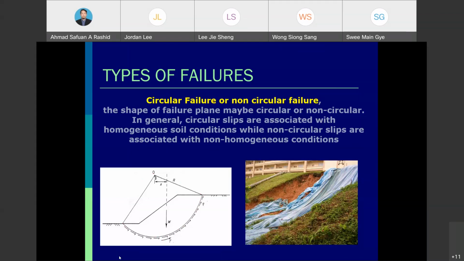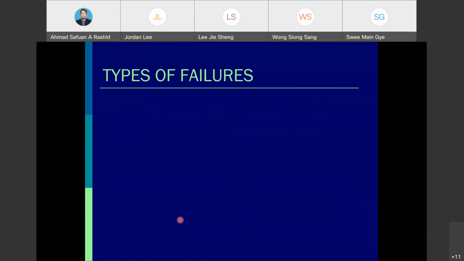From there we can calculate the resisting force and also determine the driving force. W is the weight of the slope structure.